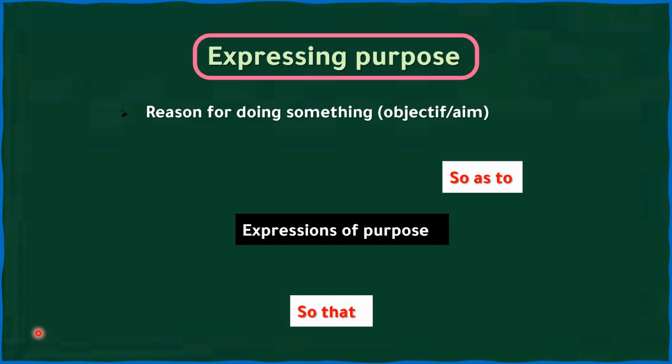Good, good. In order to. Super, super. So here we choose just three expressions of purpose, and there are many expressions that we use to express or to explain purpose.